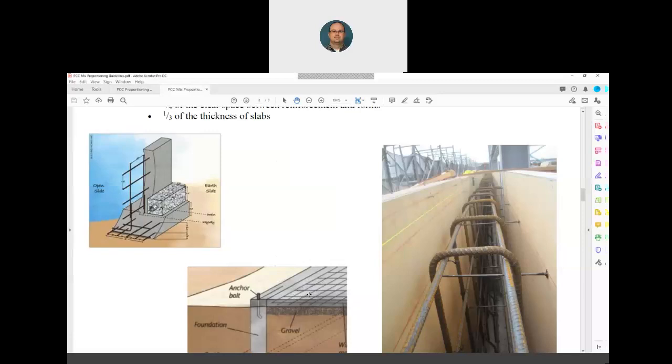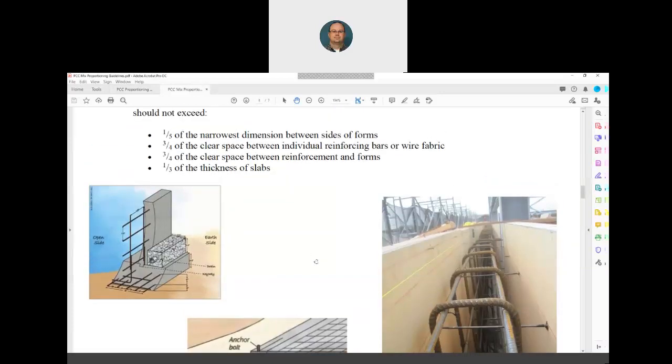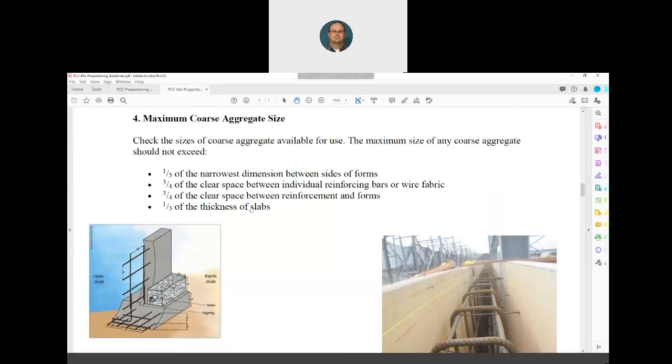It'll get hung up and will not create a concrete wall. All the aggregate will just be sitting on the reinforcement. That coarse aggregate has to fall to the bottom of the form. Also 3/4 of the clear space between reinforcement and forms.